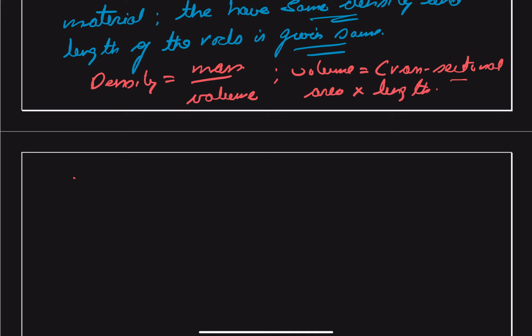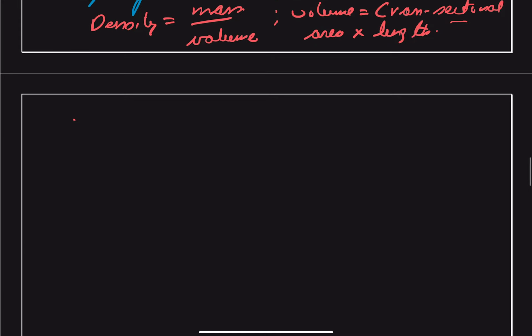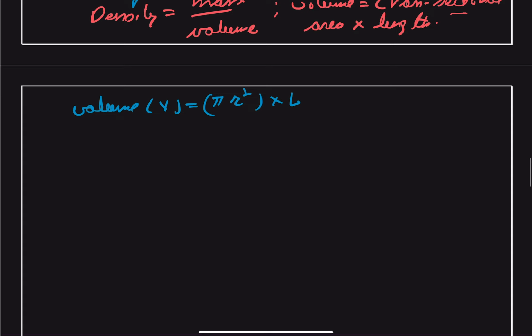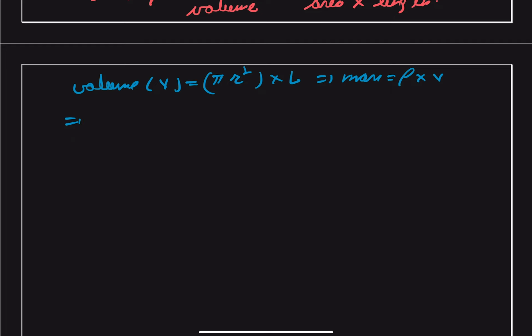Obviously, the cross-sectional area for both the rods will be different. So we can write that our volume V will be equal to pi r square multiplied by length L. From here we can say that our mass is equal to density multiplied by the volume, so mass is equal to rho multiplied by pi r square times L.